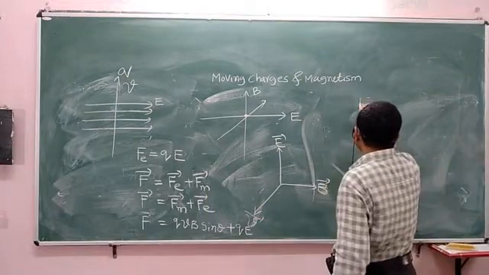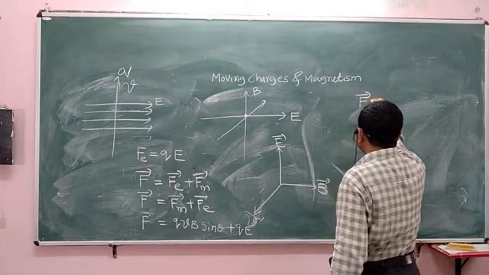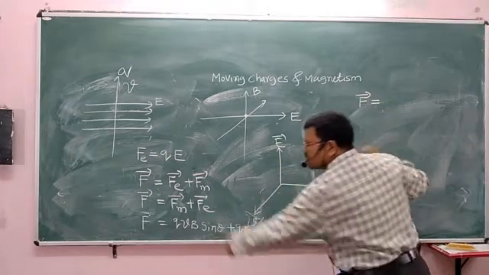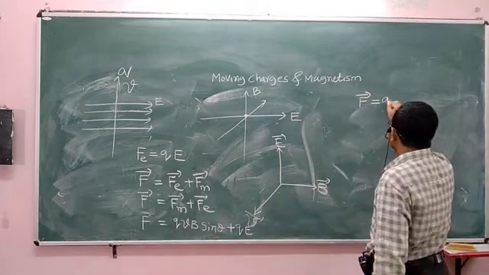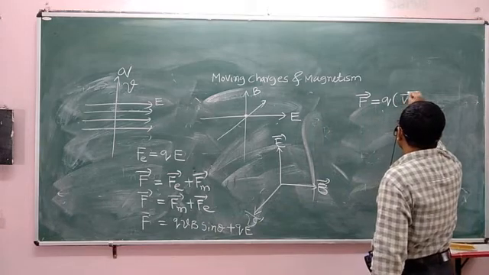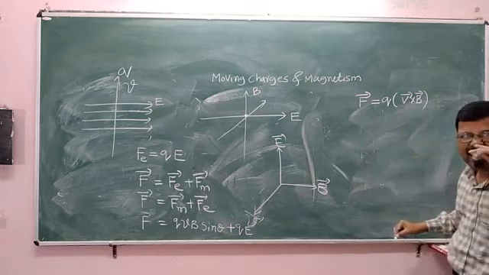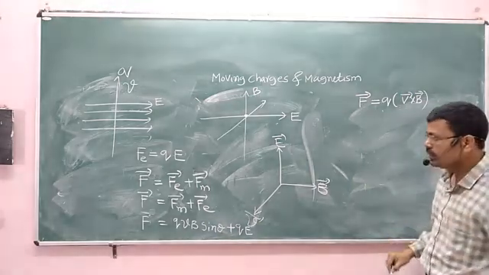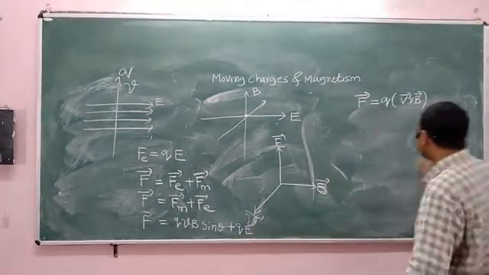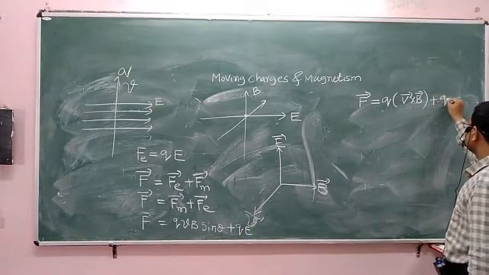Then he writes this in vector form as F is equal to Q into V cross B, that V cross B is nothing but VB sin theta. Then this QE he writes as QE.